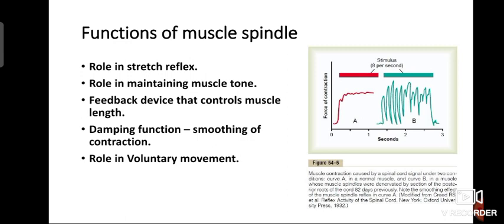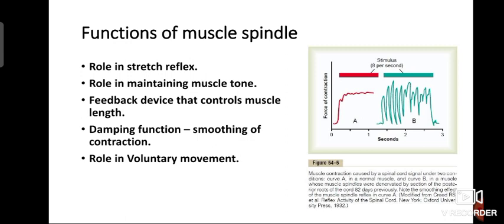Whenever a muscle is stretched, with intact nerve supply, reflexly it contracts. It also has a role in maintaining muscle tone, acts as a feedback device that controls muscle length, and has a damping function that can cause smoothing of contraction. Now, as we see in this chart or graph, there are two types of graph. Graph A is seen in normal muscle. What happened there?